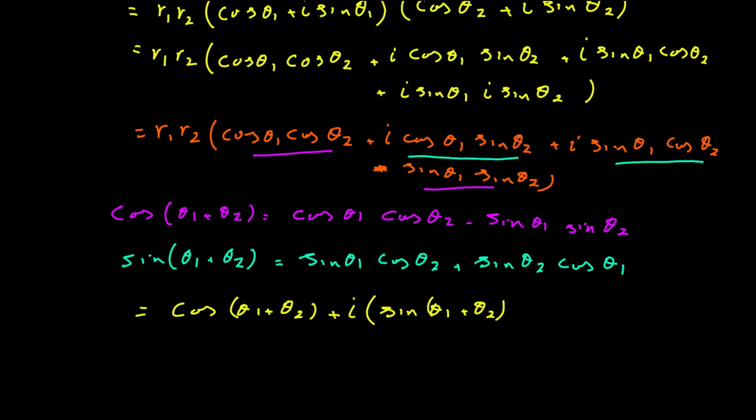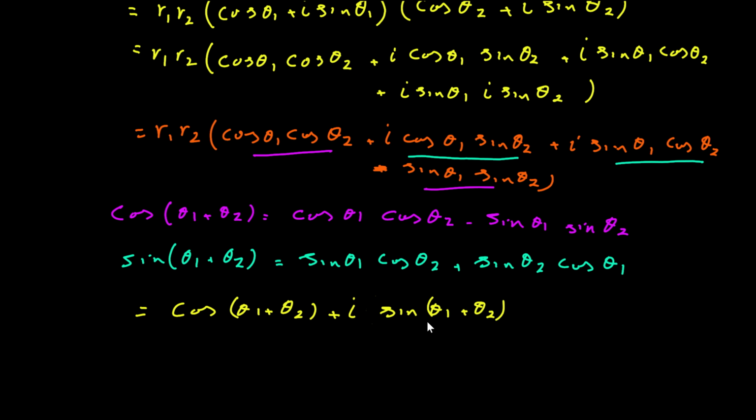Let me get rid of these parentheses, I don't need them. So, cosine of theta 1 plus theta 2 plus i sine of theta 1 plus theta 2.